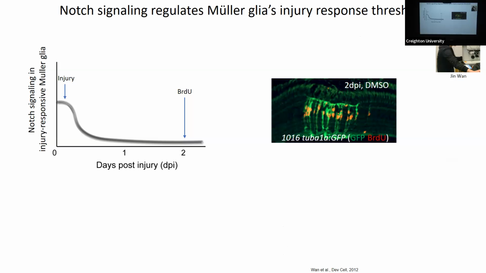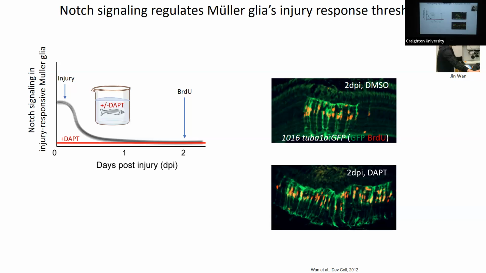If we now lower the Notch signaling level with this pharmacological reagent, DAPT, which lowers Notch signaling throughout the retina, we get an expanded zone of proliferating Müller glia. More Müller glia are being recruited to an injury response than before. The whole retina didn't start proliferating, but we got a wider zone of proliferating Müller glia.